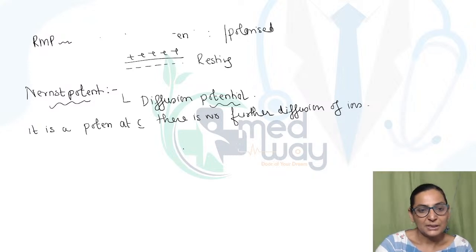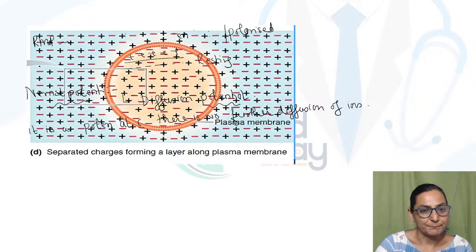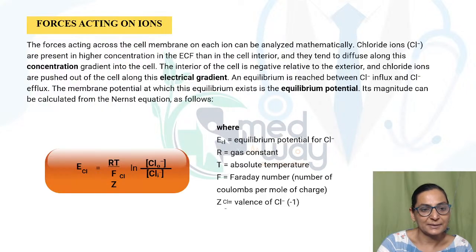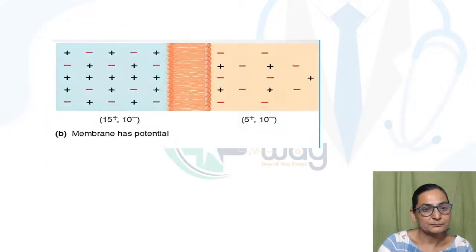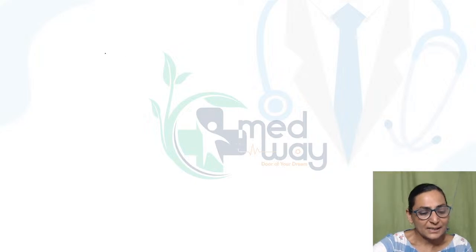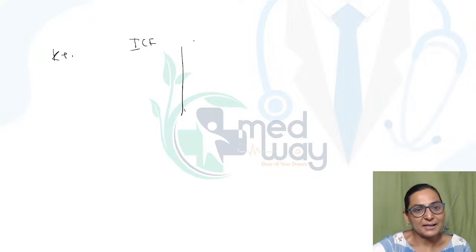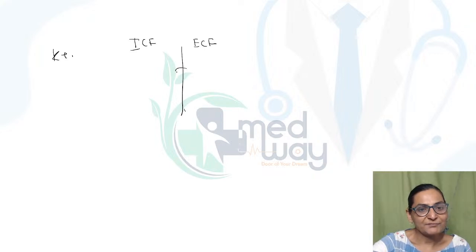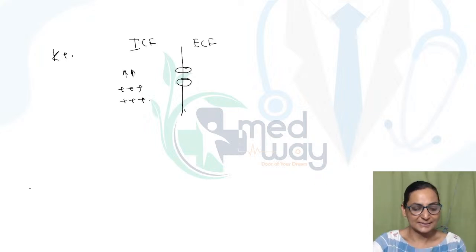For example, now let's understand this nicely. See, let us consider potassium for our understanding. Now, suppose this is your ICF and this is your ECF, right? And we have got leaky channels, and we have seen that the potassium concentration is more in the ICF.